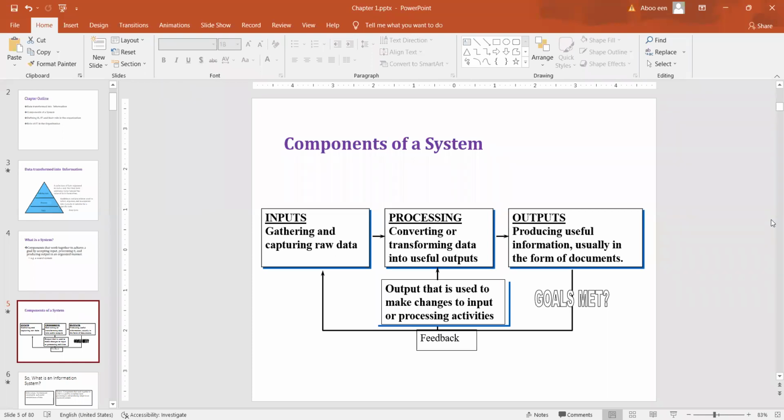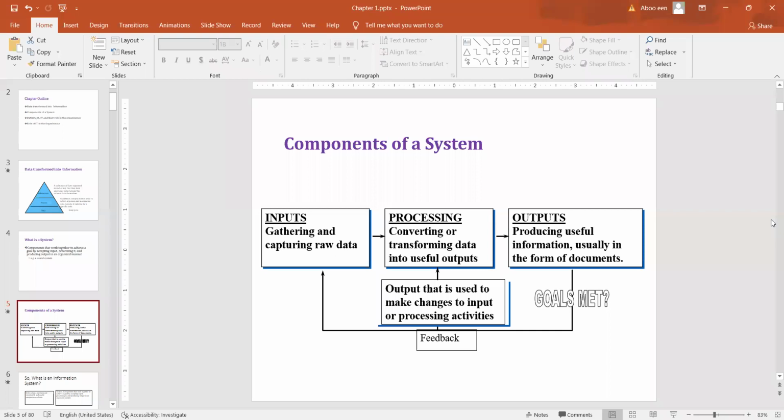What feedback might we give? Increase, decrease, or any changes, any modification, any alteration. Those kinds of feedback help us get the desired output.